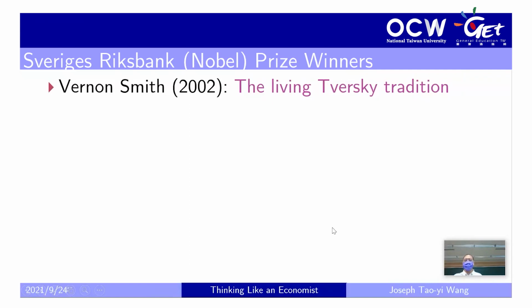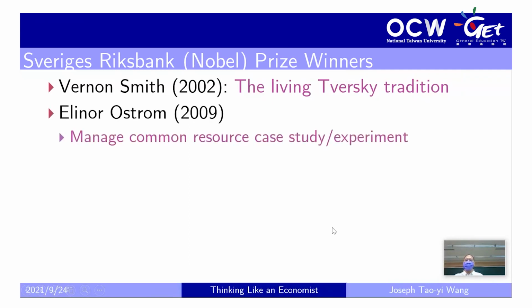And then there's Elinor Ostrom, a political scientist. She's the first female to win the prize in economics. She actually did a lot of case studies and experiments to see how different societies, different groups of people manage common resources.